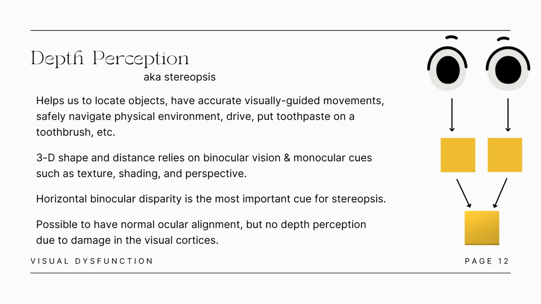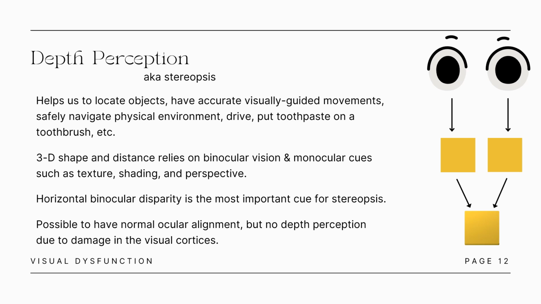That's a monocular cue. Binocular depth perception occurs because our eyes occupy two slightly different positions on our face. As a result, each of our eyes has a slightly different perspective of the world. When our eyes are accurately aligned, our brain can fuse these two different images into one.